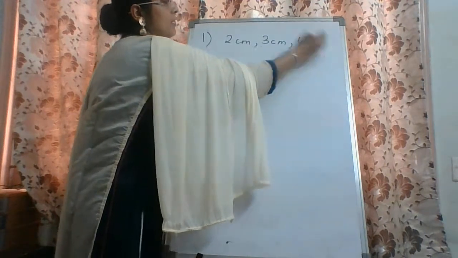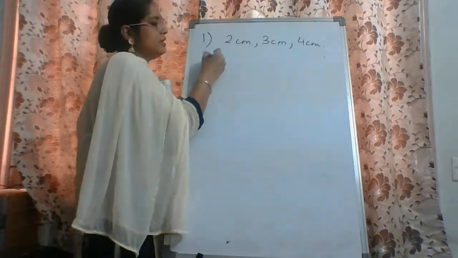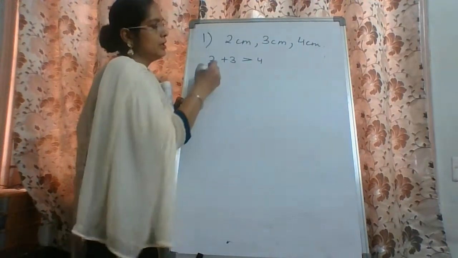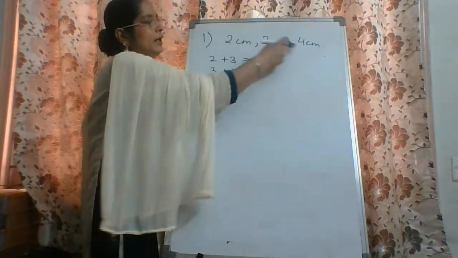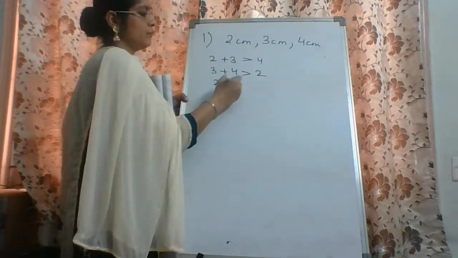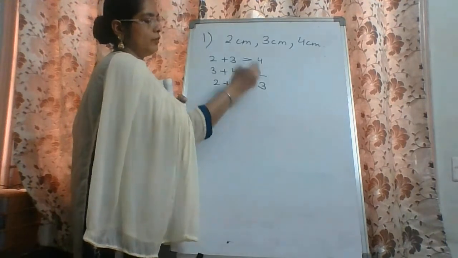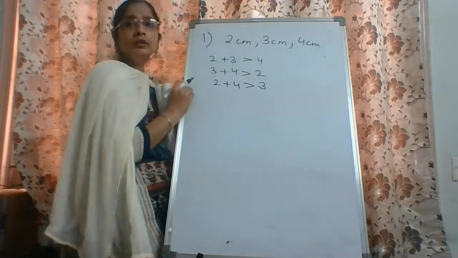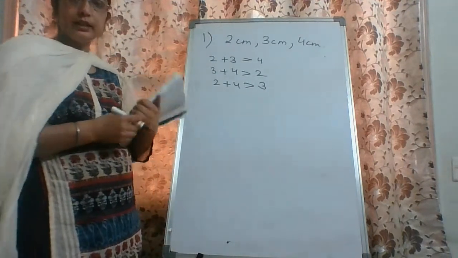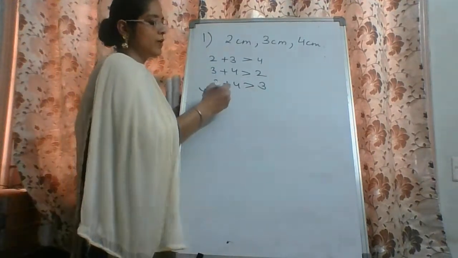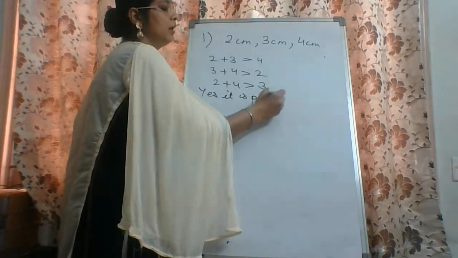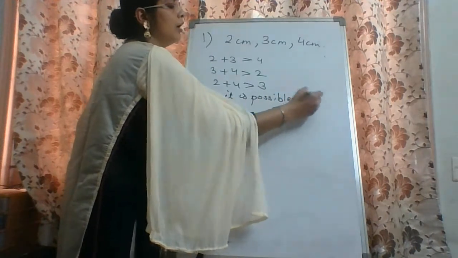First we will check the first two sides. 2 plus 3, yes, it is greater than 4. 3 plus 4 is greater than 2. Then 2 plus 4 is greater than 3. Now we see that all three conditions are satisfied. So yes, it is possible to draw a triangle.